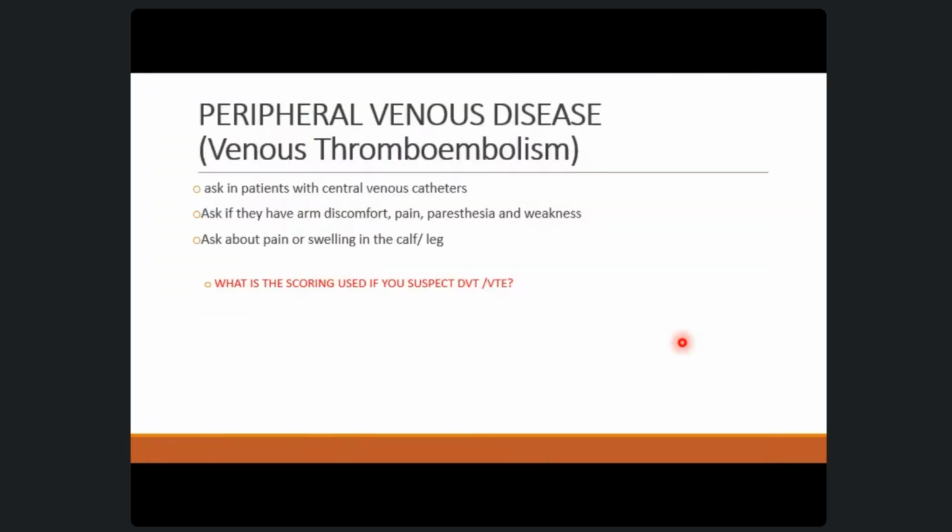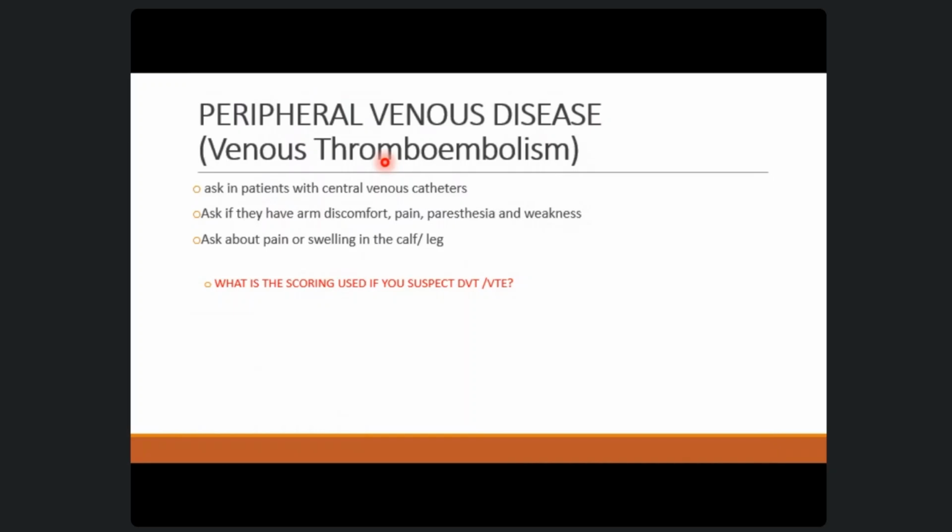Okay, so we're done with the arterial aspect of the assessment. Now we go to the peripheral venous. This is the venous condition now. A common one is venous thromboembolism. This is more common in patients with a central venous catheter, like IJ or PICC line.